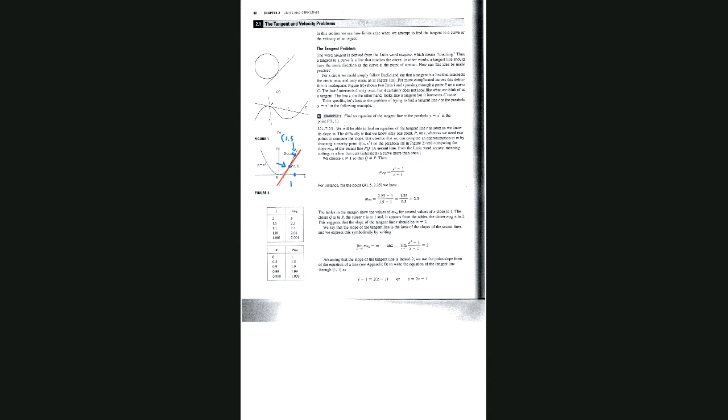So this point here has x coordinate 1.5, but then if you square 1.5, because y equals x squared, you're going to get 2.25.